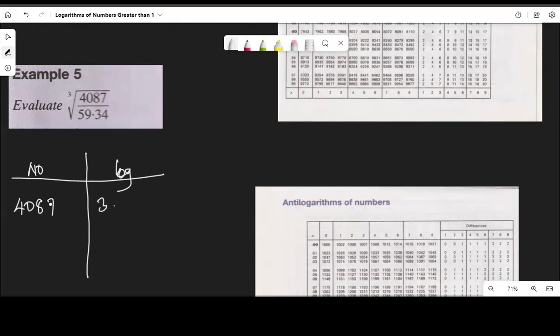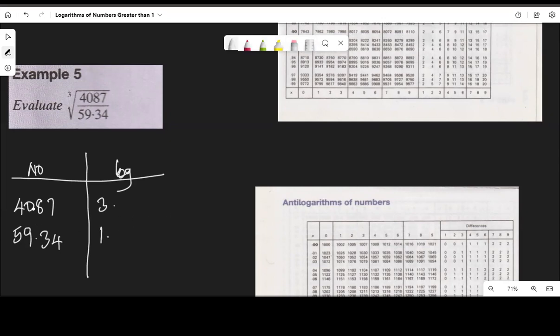That is, we have 4 digits there, 1, 2, 3, 4. 4 minus 1 is 3. Then for the denominator, I have 59.34. Here the characteristic is 1 because I have 2 digits before the decimal point. 2 minus 1 is 1.